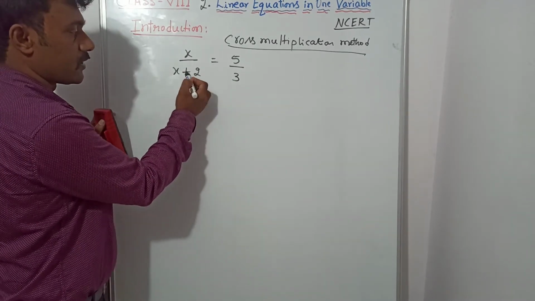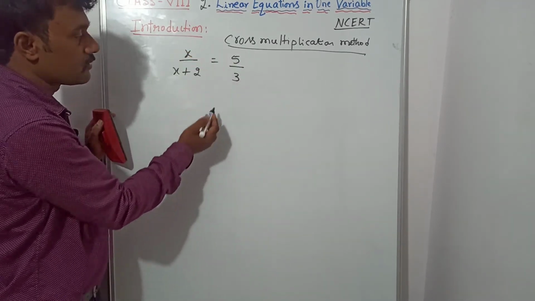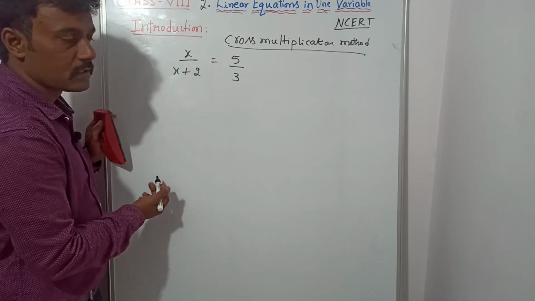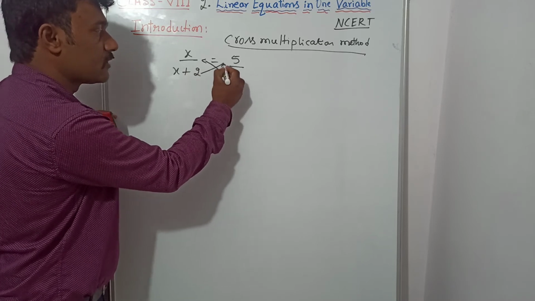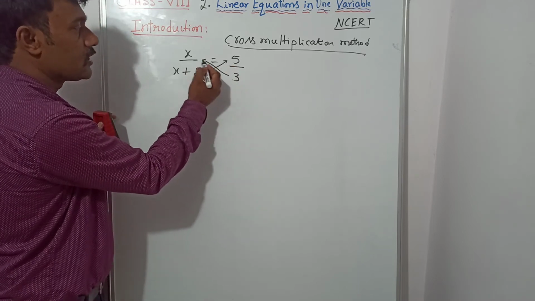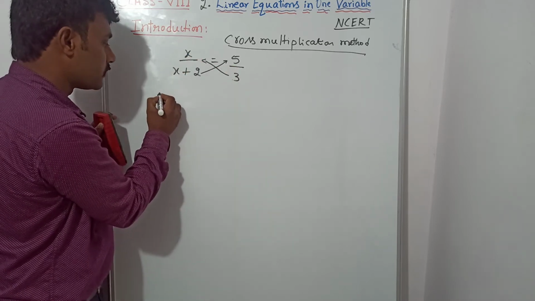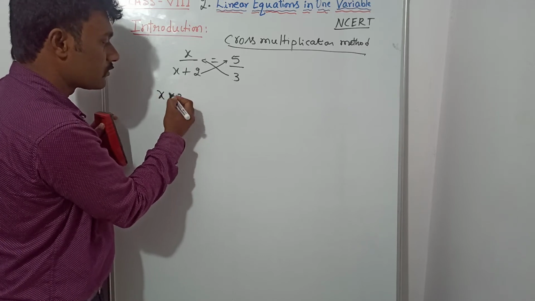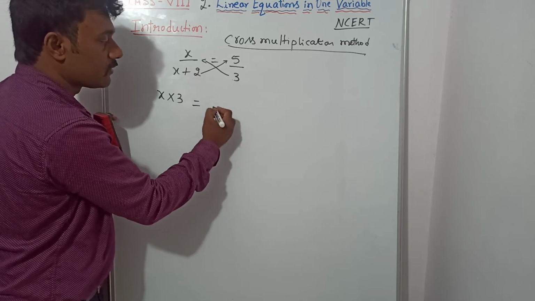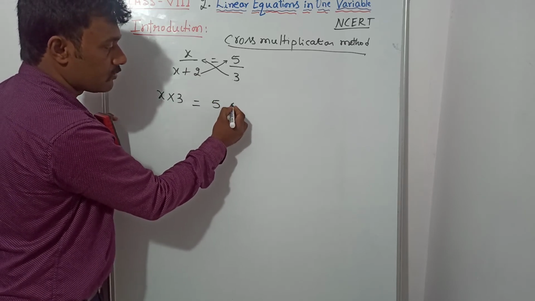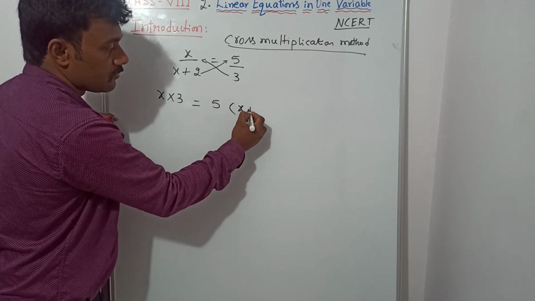So how to cross multiply? x plus 2 is multiplied with 5 and 3 is going to multiply with x. So we are just cross multiplying the numbers. So 3 multiplied with x means x into 3 is equal to x plus 2 multiplied with 5, 5 into x plus 2.